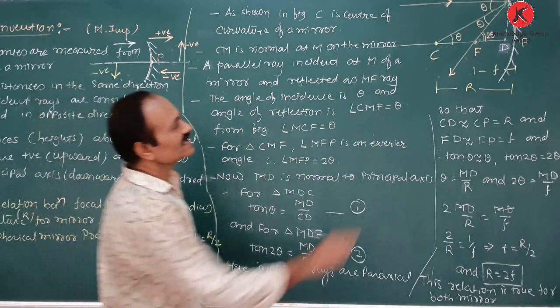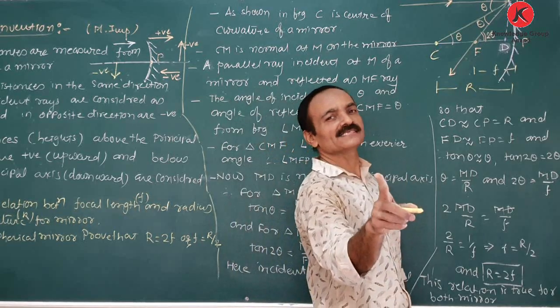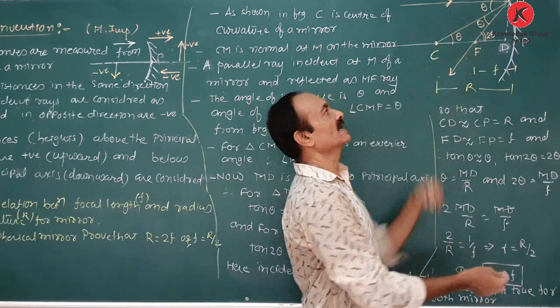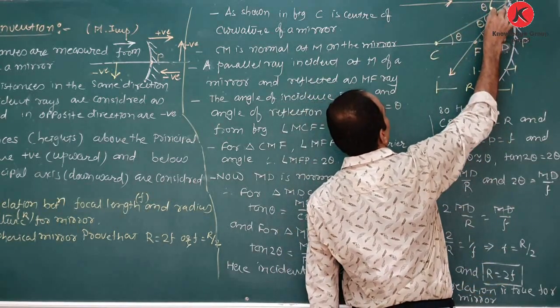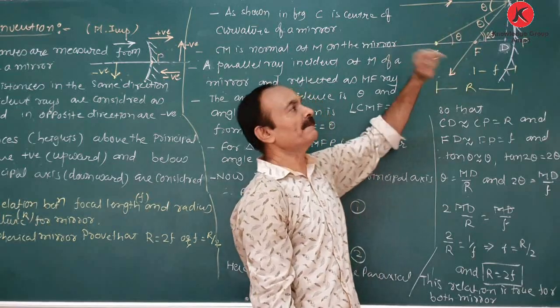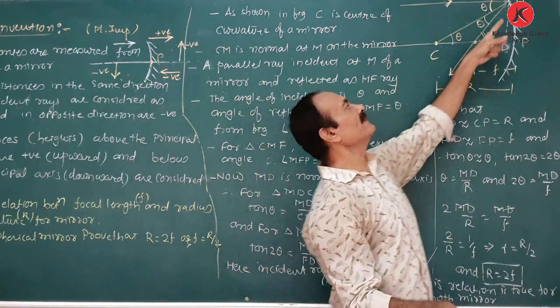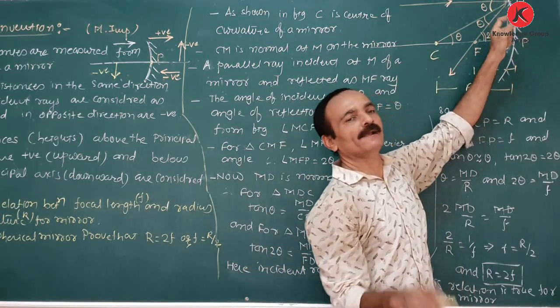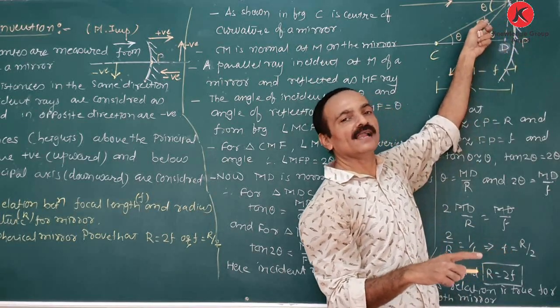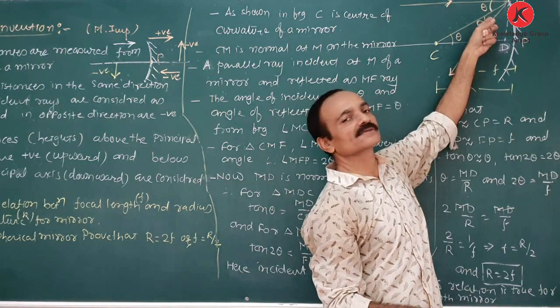Now, what is the angle of incidence? The angle of incidence is the angle made by the incident ray with the normal. So this angle is known as the angle of incidence. Therefore, the angle of incidence is theta. The angle made by the reflected ray MF with the normal is also theta.